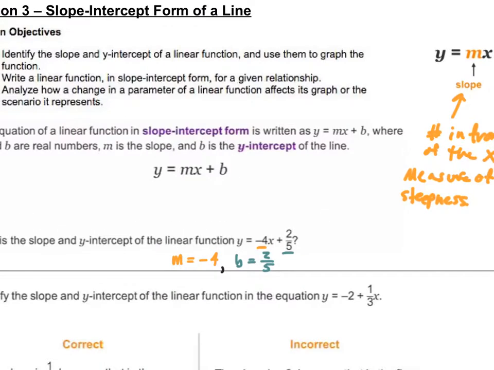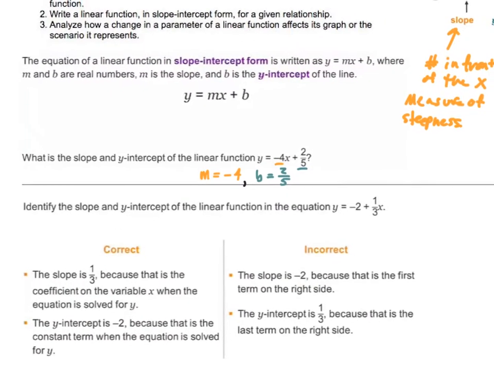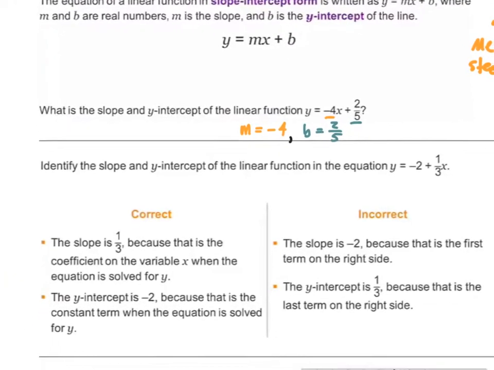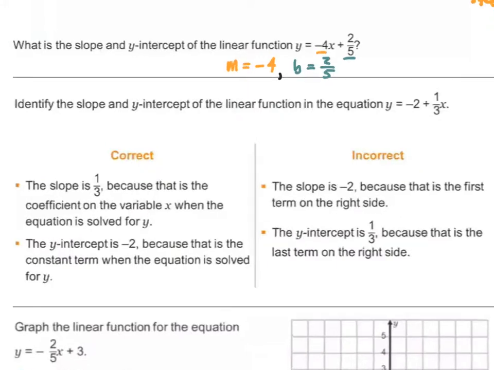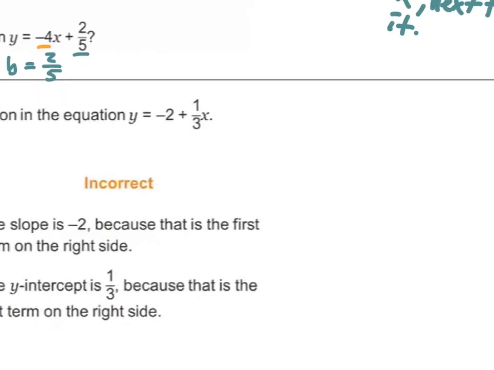Okay? All right, so then over here, on this question, it says identify the slope and y-intercept of the linear function in the equation y equals negative 2 plus 1/3 x. Now, here's the thing. A lot of people, when we see a linear function, you see it as y equals mx plus b.